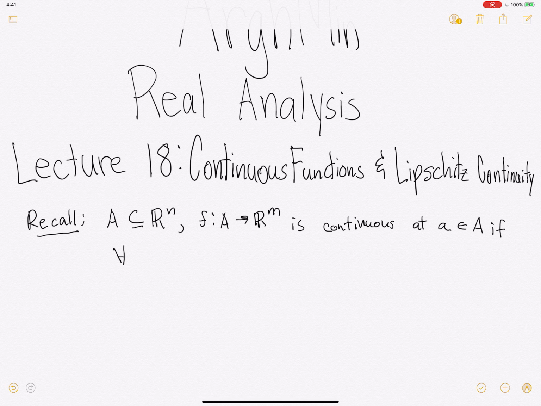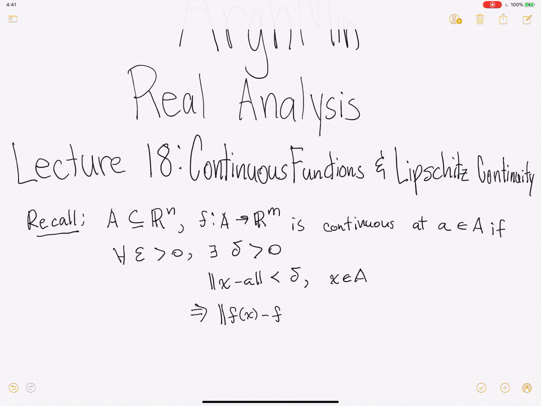If for all epsilon greater than 0, you can find a delta greater than 0, where if the norm of x minus a is less than delta, where x is also in that subset, you have that the norm of f of x minus f of a is less than epsilon.